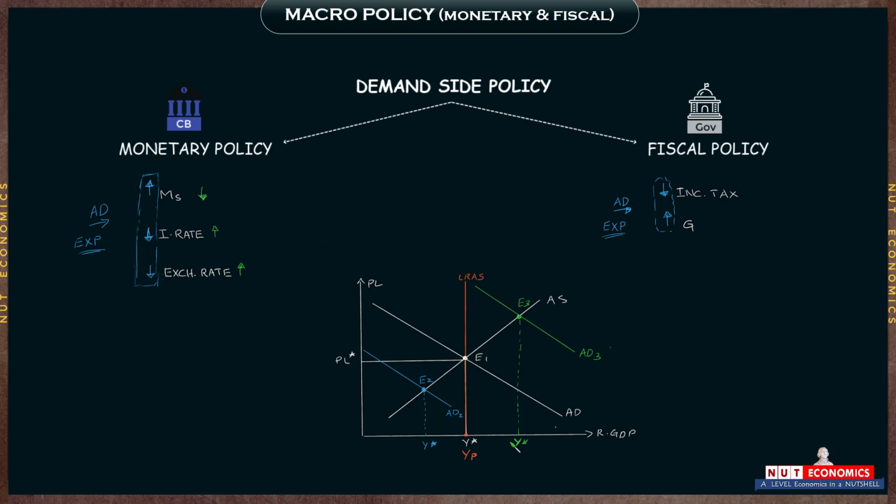But if you look at the y-axis, as you move from equilibrium E3 to E1, due to this shift left of your country's aggregate demand, your GDP will start shrinking. The economy will start contracting. So you are cooling off the economy. You are contracting it, but then on the y-axis you are coming down, and therefore you are controlling the price levels.